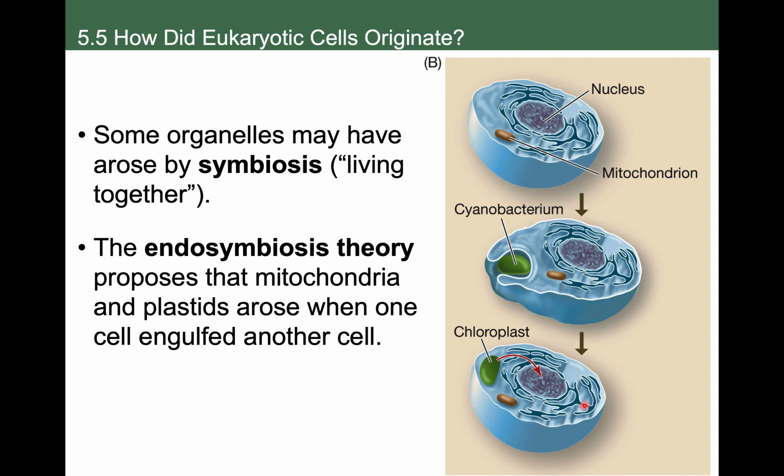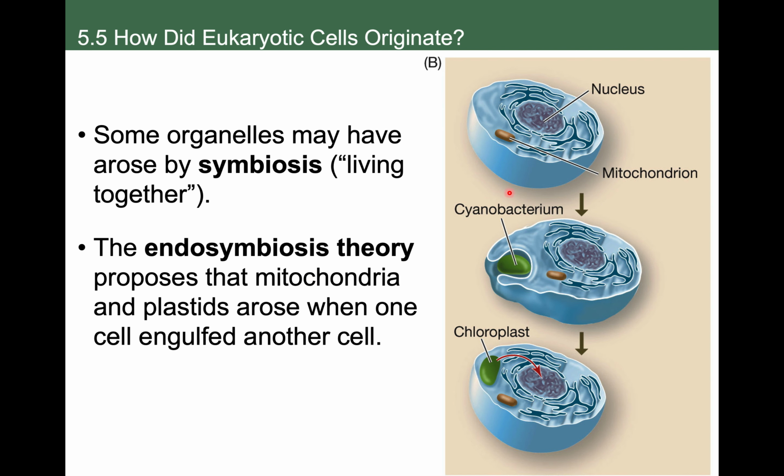One thing that is pretty clear, there's a lot of evidence for, is the fact that two of the organelles we talked about, mitochondria and chloroplasts, were almost certainly at one point free-living bacteria that developed this symbiotic relationship inside of another cell. And so this is called the endosymbiosis theory, endo for inside.